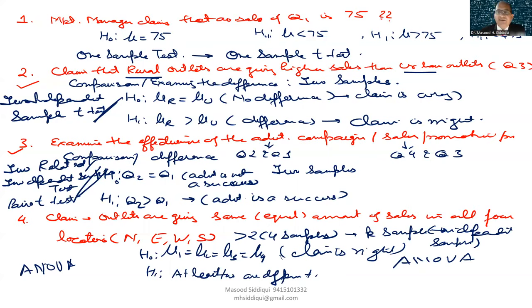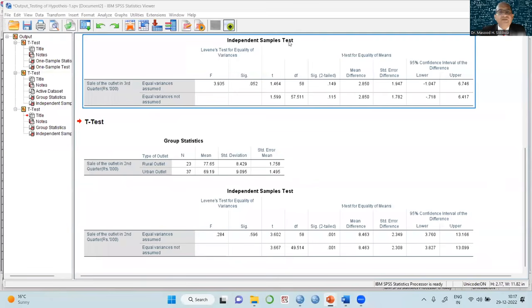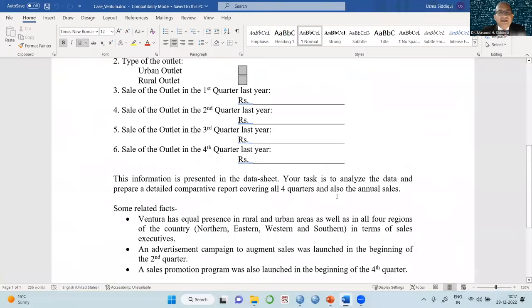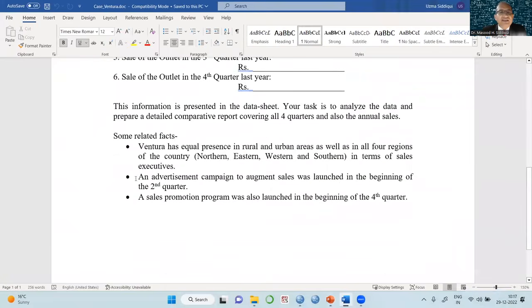Here I will be showing you that part of the case again. This is the case that we discussed, that an advertisement campaign was launched to augment the sales in the beginning of the second quarter.